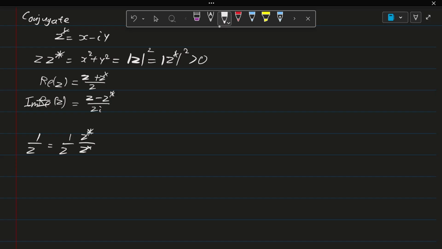And what you would obtain is that this would equal z star over the magnitude of z squared. This is the definition of doing a division. So you could just multiply this 1 over z by z star over z star to turn it into a multiplication instead of a division.